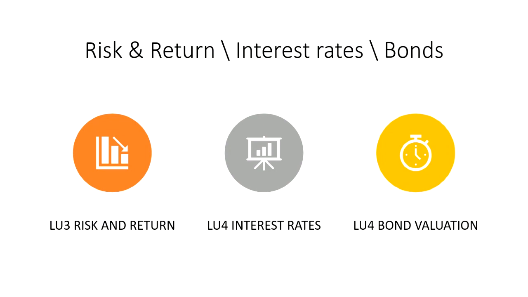So we've already looked at the role and environment of the financial manager and time value of money, hugely important for the rest of the module. And so third learning unit is then risk and return. Because everything that we do as a financial manager has to be built into our decision-making process.